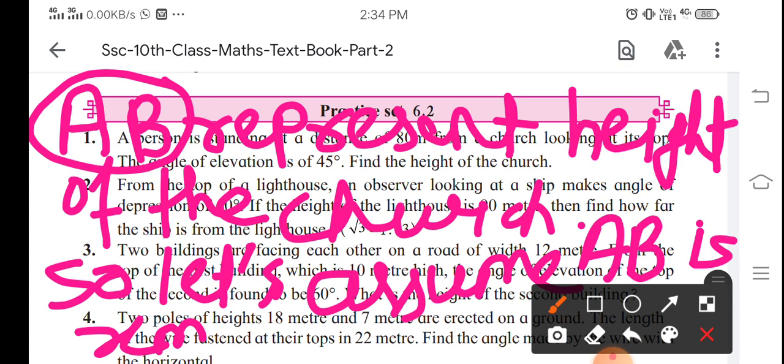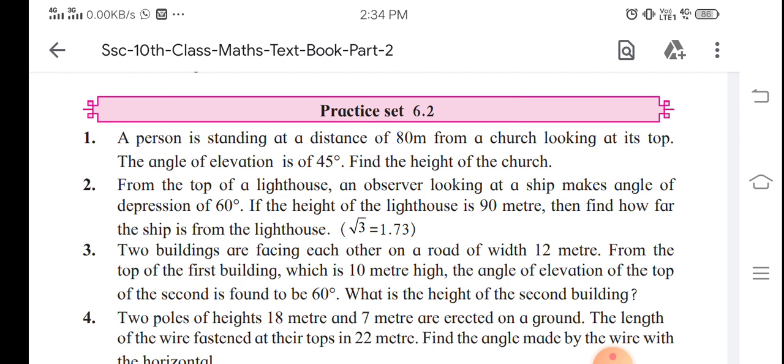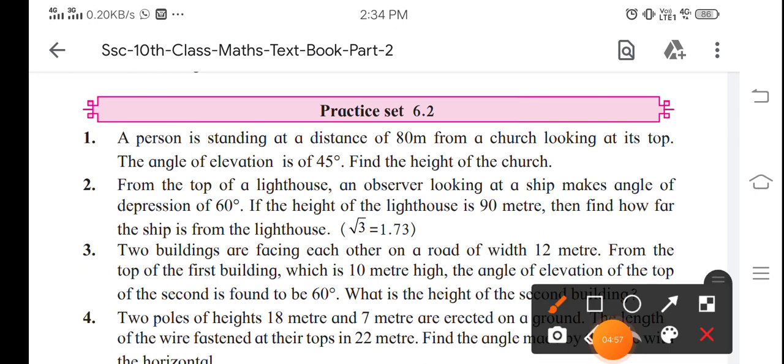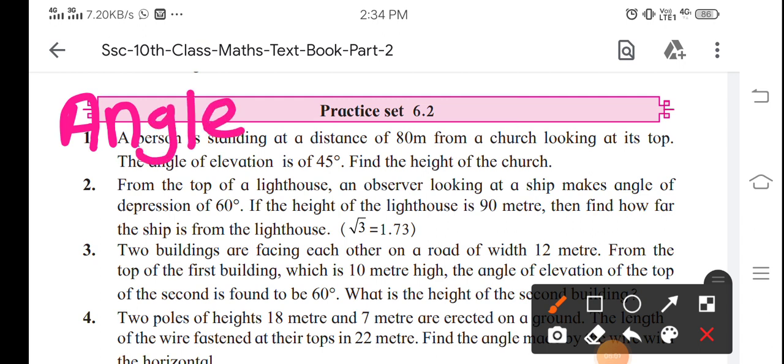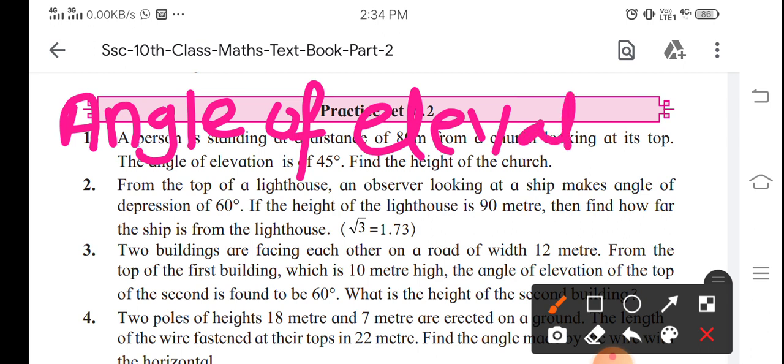Now in the next line, I'm going to write the angle of elevation. They have given the angle of elevation, so we can write over there: angle of elevation is theta. So angle C is the angle of elevation.